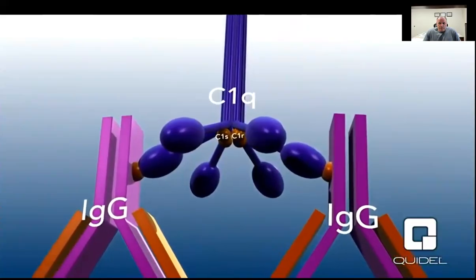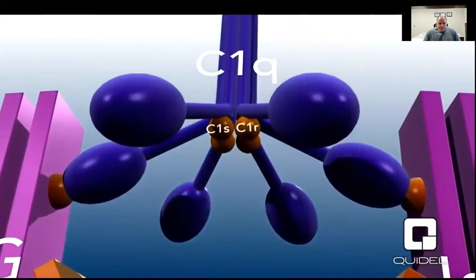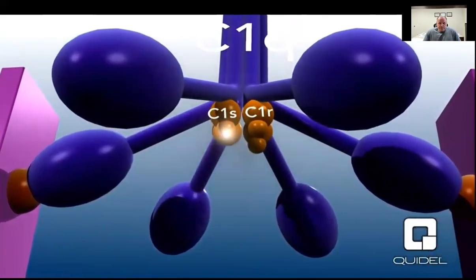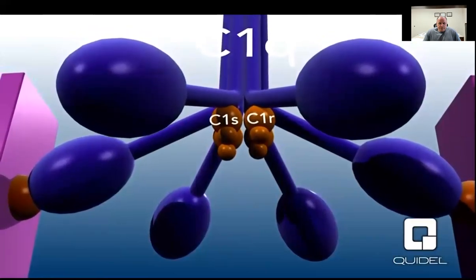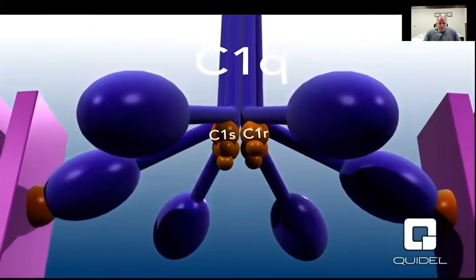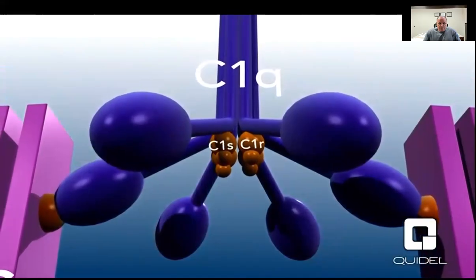This binding causes a conformational change in C1q and subsequent autocatalytic conversion of C1r to an active serine protease. Activated C1r cleaves C1s to an active serine protease. Activation of C1 by binding antibody is also termed complement fixation.